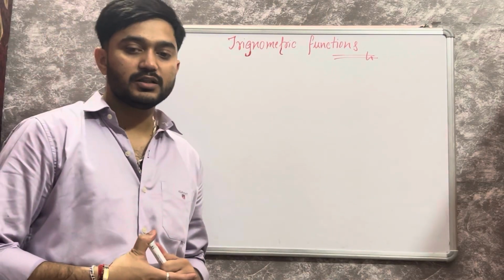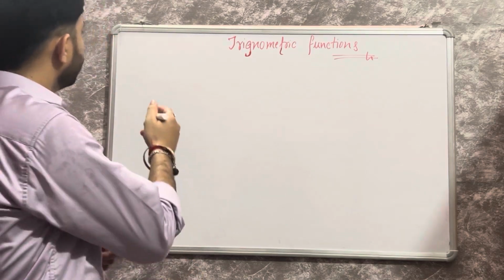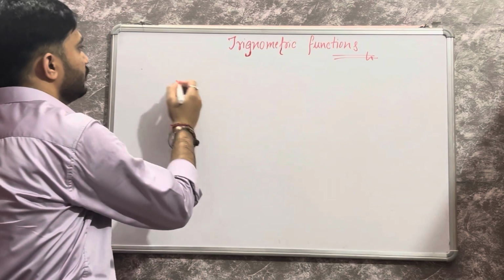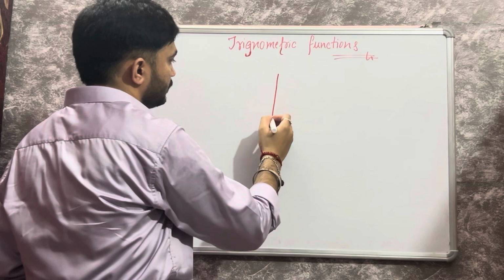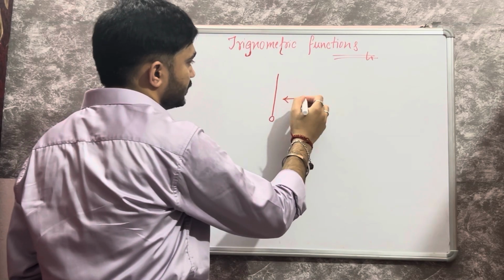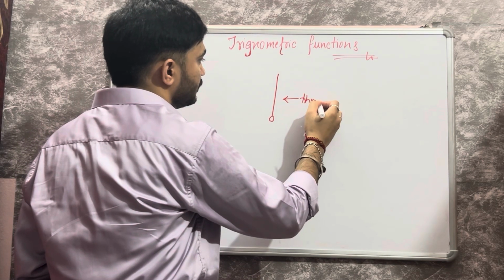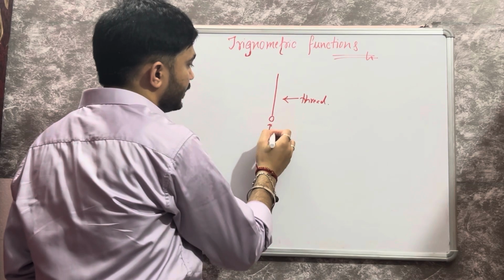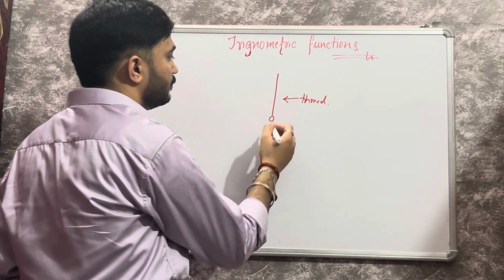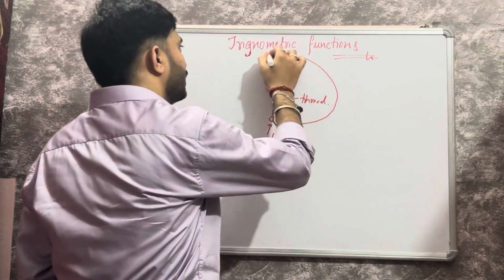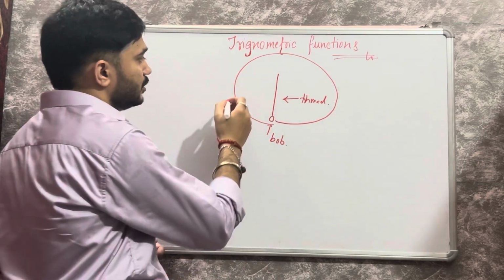Now moving towards the last question of the application part, we are given a pendulum. This is the thread of a pendulum and this is known as the bob of a pendulum. When it moves, it forms an imaginary circle.